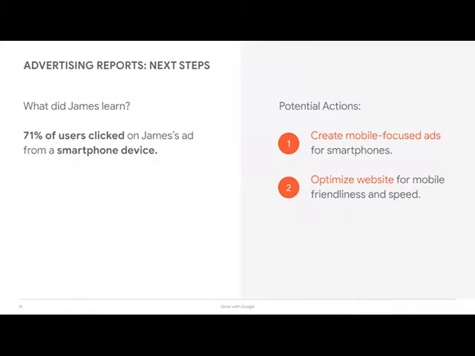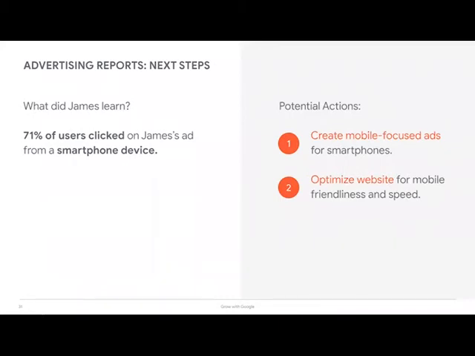And some potential actions he could take are to create mobile focused ads. Mobile focused ads might look different, might have less focus on imagery, might be more text heavy and shorter in their actual copy. He may also want to optimize his website for mobile friendliness and speed, because he knows that people are visiting from the ad.